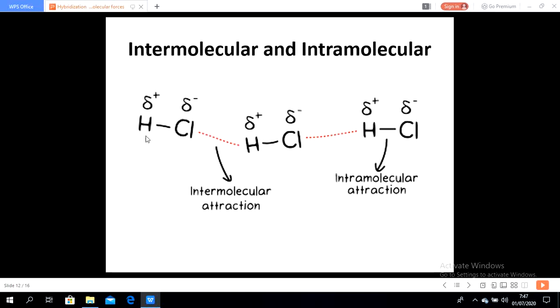Intermolecular, between molecules. This is one molecule of HCl. One molecule of HCl. This one, intramolecular, is the attractive force between the atoms, hydrogen and chlorine. Intramolecular. Okay, so do not make a mistake in understanding intermolecular and intramolecular.